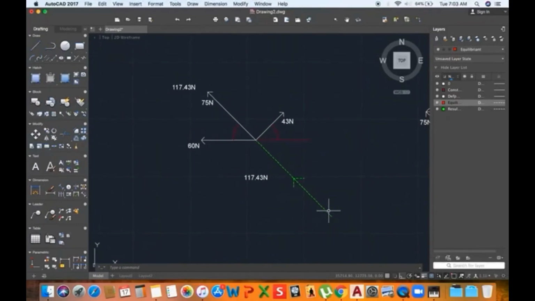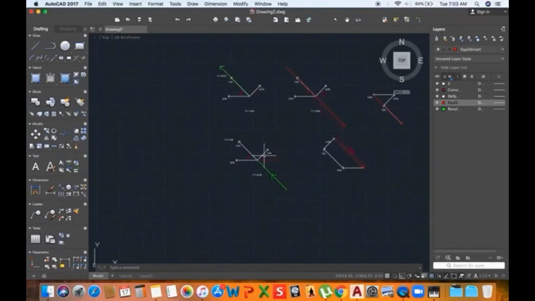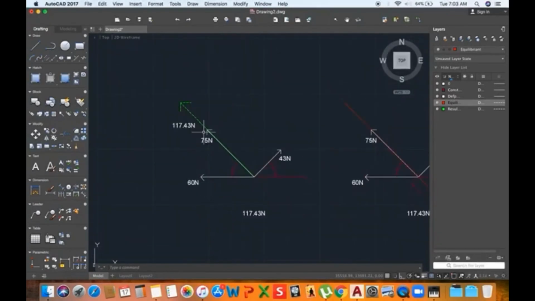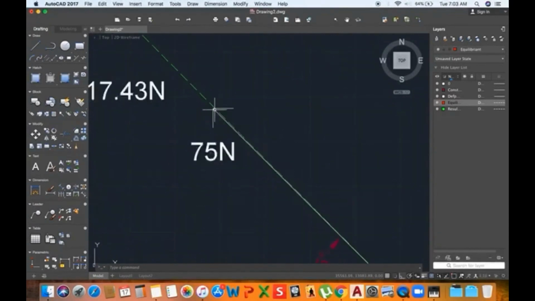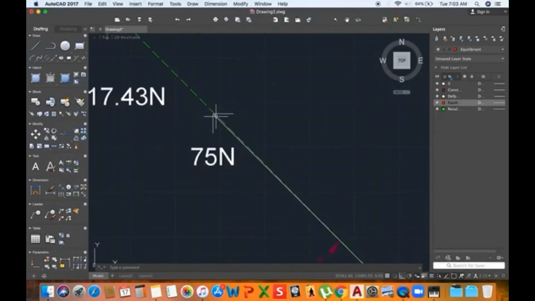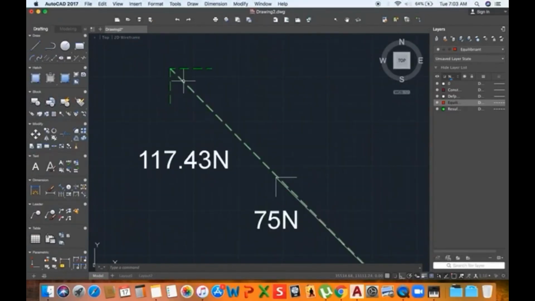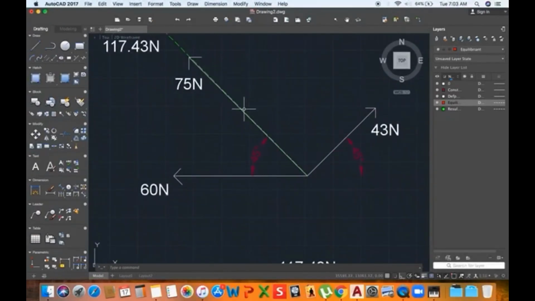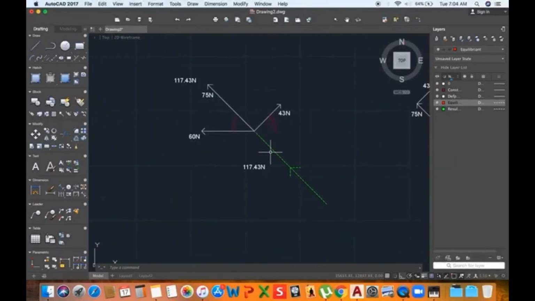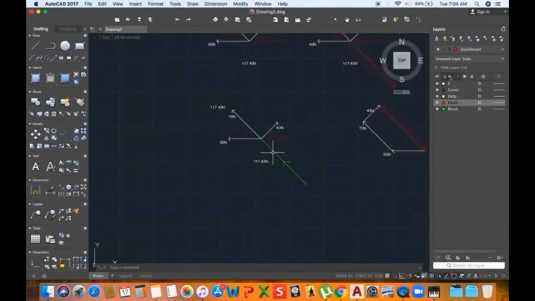Now it's showing as a pushing force rather than a pulling force. So this is the resultant. I like how this looks because you can still see that it's not going in the same direction. If this resultant force was shorter and it's now hiding, then you can definitely use this method to show the forces.